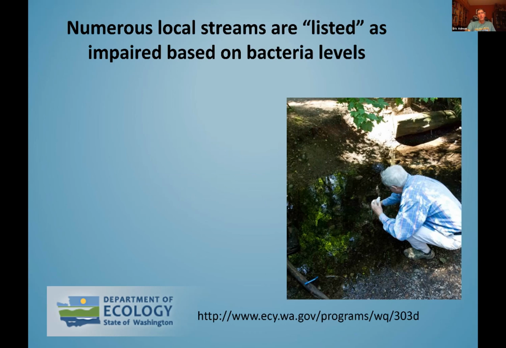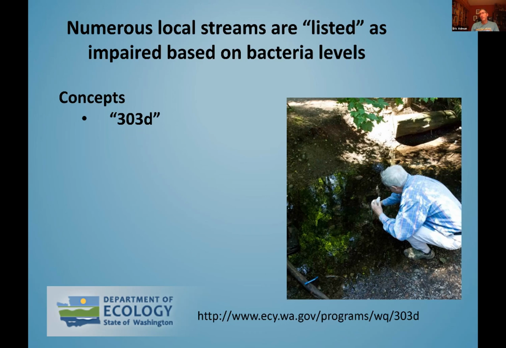This plays into another concept that I want to make you familiar with, which is what's called an impairment listing. Under the Clean Water Act, Section 303(d), they create a list of impaired water bodies, and that's administered locally, like in Washington state, by the Washington State Department of Ecology.